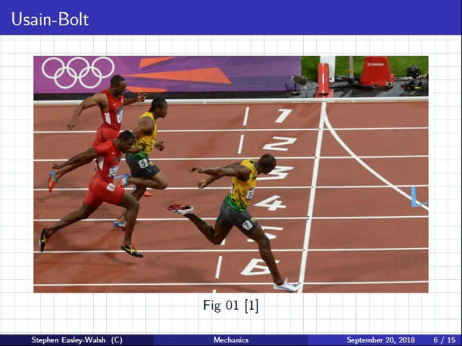What do you think the V is? Roughly. Maybe 10. Actually, I think it's a little bit more, maybe 12 meters per second, because he starts at 0. He finished the 100 meters in less than 10 seconds, like 9.6.